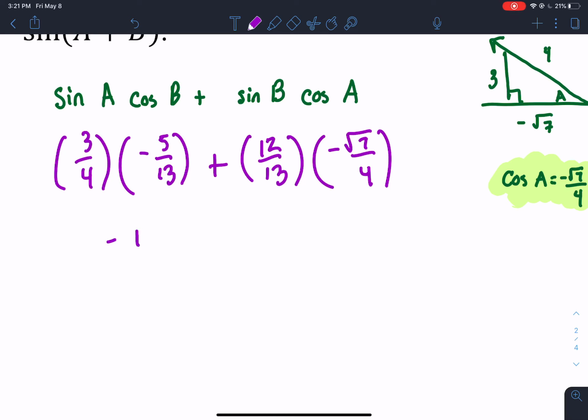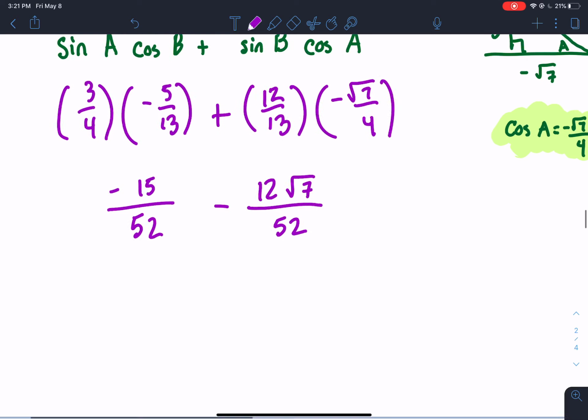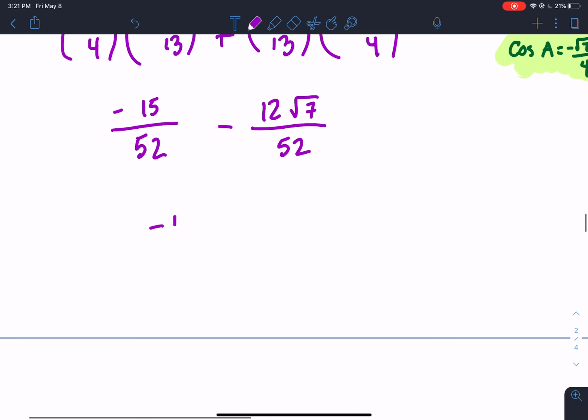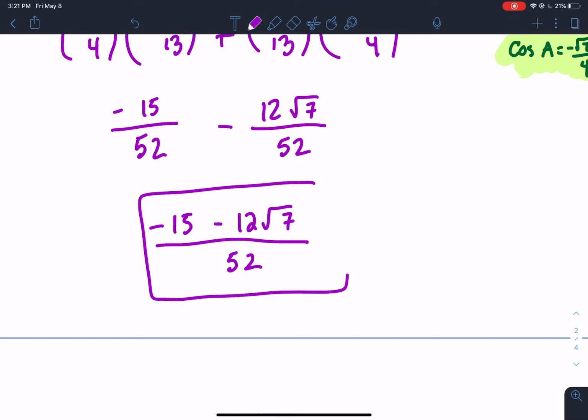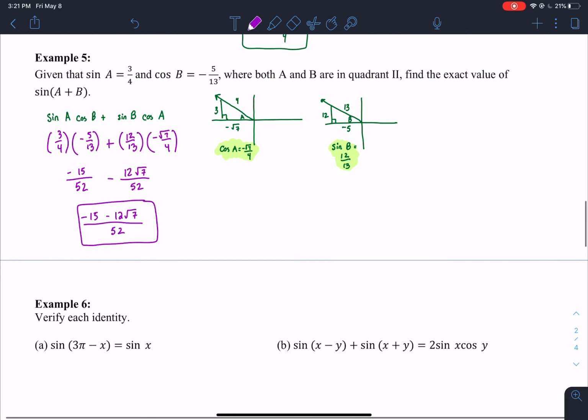Okay, so this is going to be negative 15/52, okay, minus 12√7/52. So if you put them together, you got negative 15 minus 12√7 over 52. All right, so again, make sure you guys are drawing the triangles out to come up with the solutions.